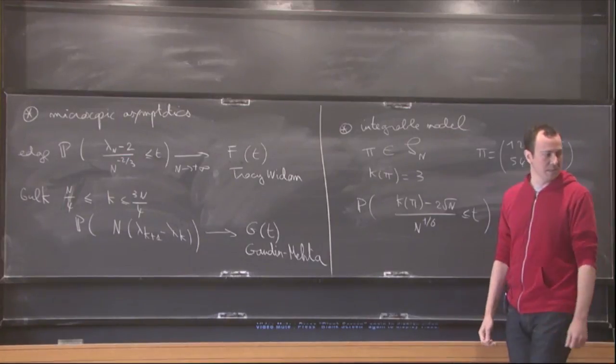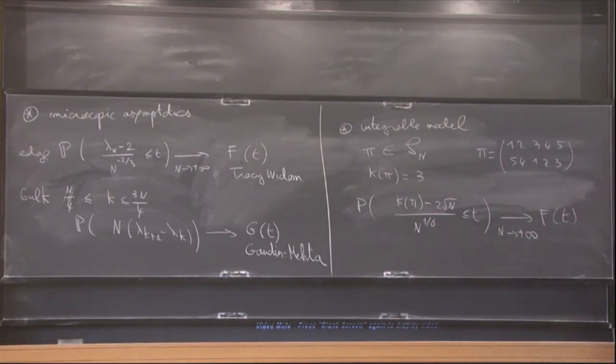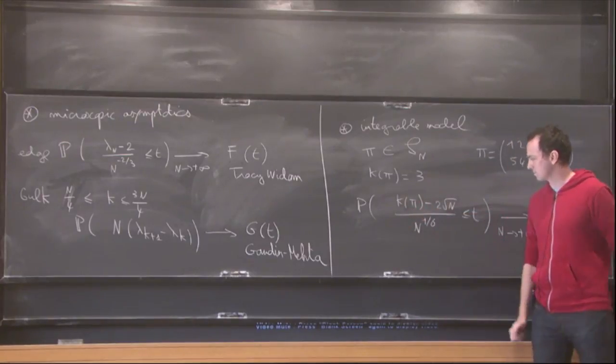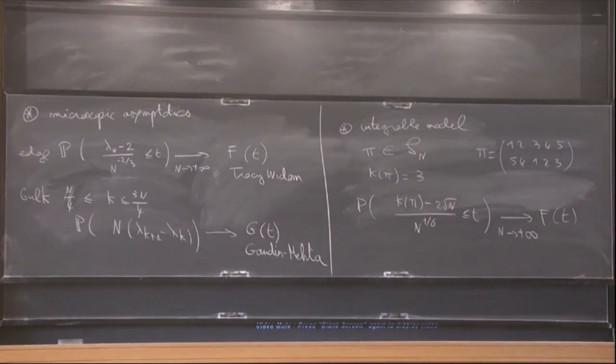What's the worst case scenario? It's logarithmic. Worst case scenario? Pi, what is the worst possible? For the value k of pi? I will give you any permutation. Yes. So what is the longest increasing sequence? You mean with probability?